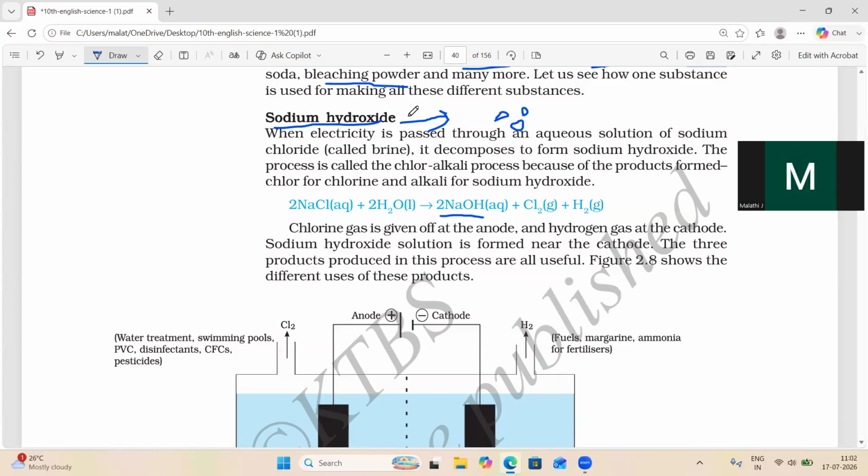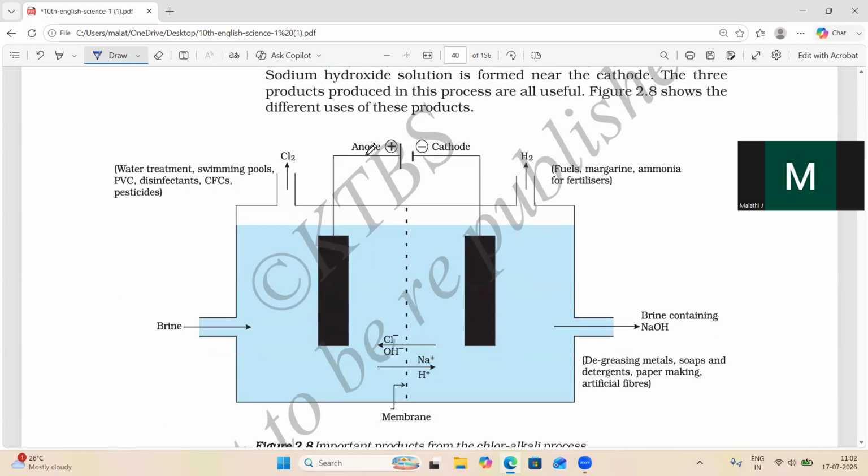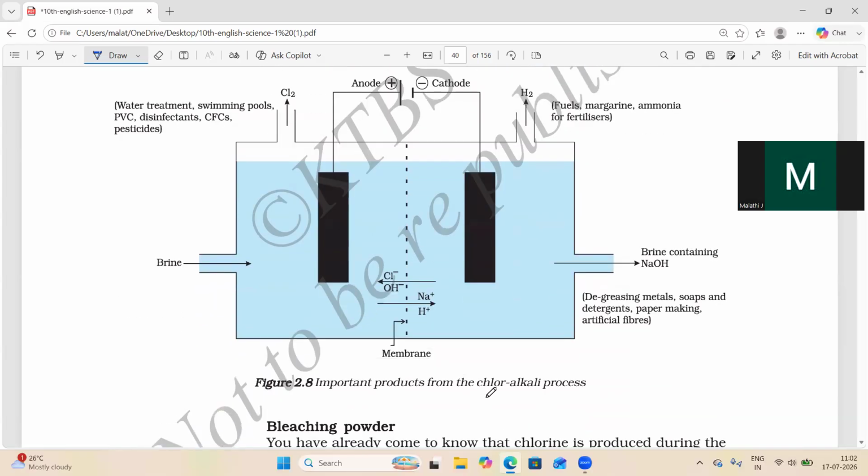This is prepared by using the chloralkali process. So how it is formed by this experiment, the chloralkali process, I will explain. What does alkali mean?